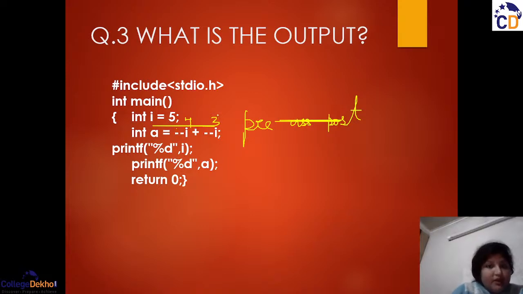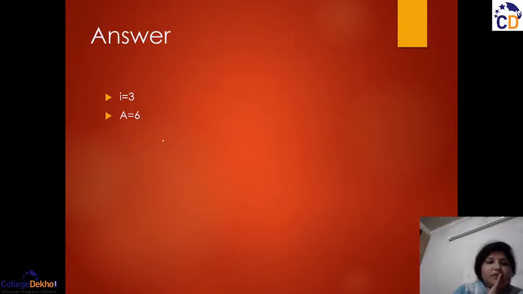But your current value of I would be 3. So it is not going to take 4, it is going to take 3 plus 3, right? Now after this you will have the value of I as 2, because after this again it is going to decrement, right? So you will be having 6 in the variable.